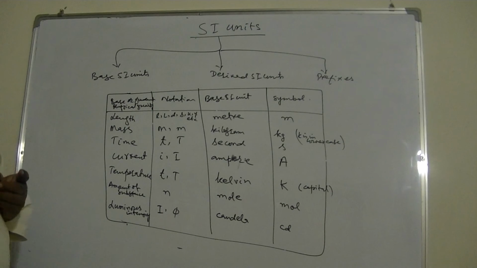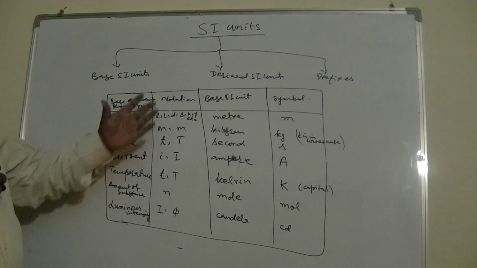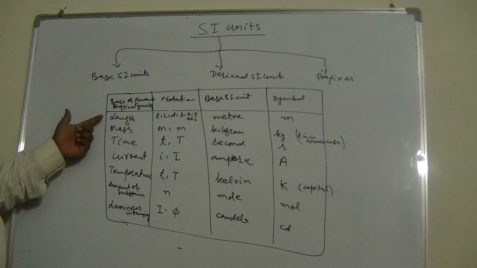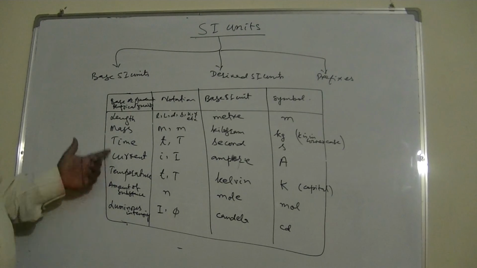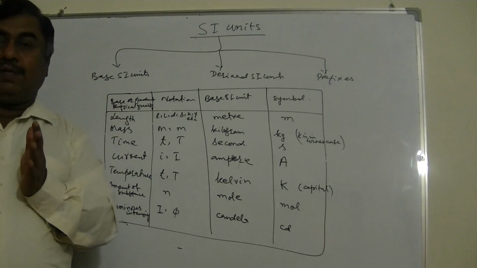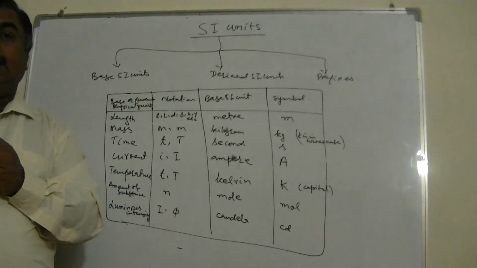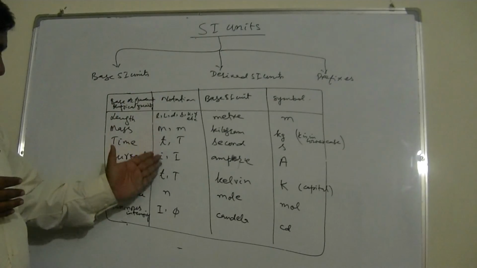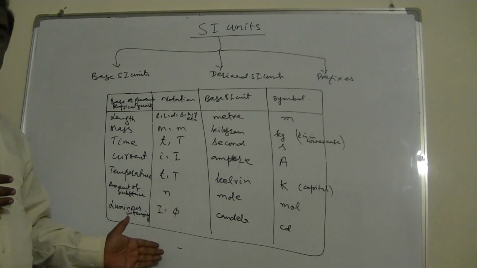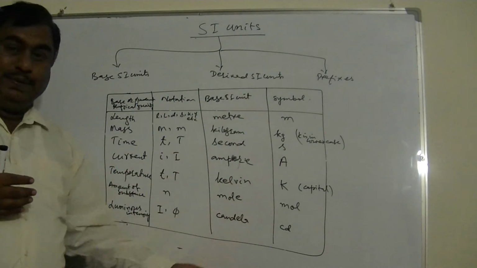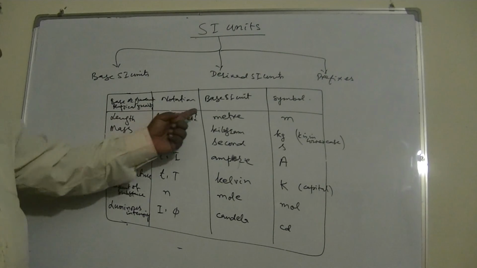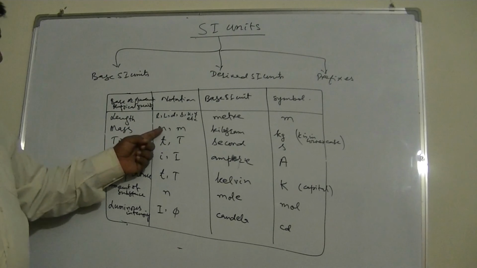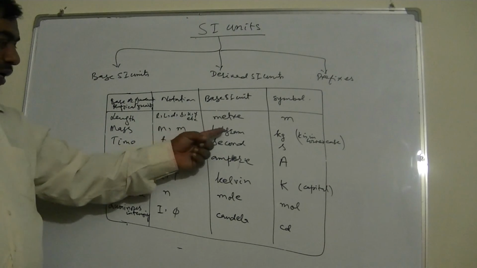So these are the 7 fundamental quantities and their units. This is the SI base units. A base physical quantity is that which cannot be defined or which is very difficult to define. And there are so many notations; notations have not been standardized. First is length, the SI base unit is metre, its symbol is m. Mass, capital M, the unit is kilogram, and it's kg.